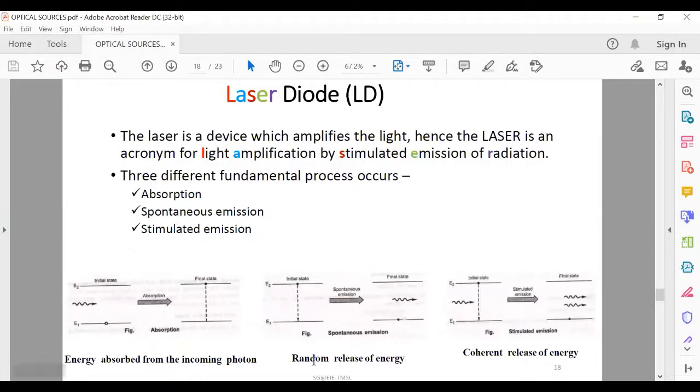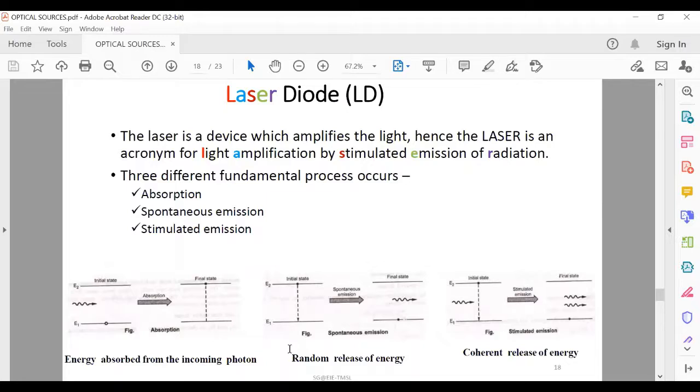But coming to the next one, when the atom is initially in the higher energy state E2, it can make a transition to the lower energy state E1, providing the emission of a photon at a frequency corresponding to what I have told you, that E equals h times f.